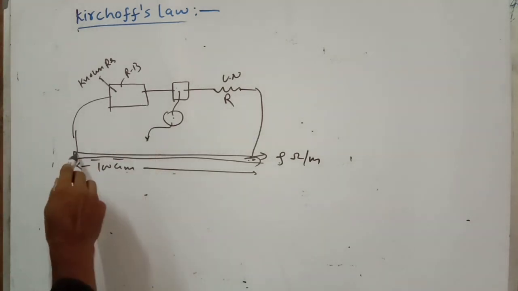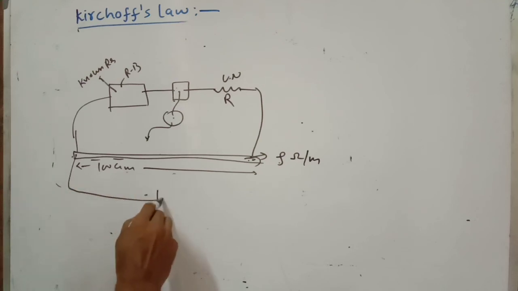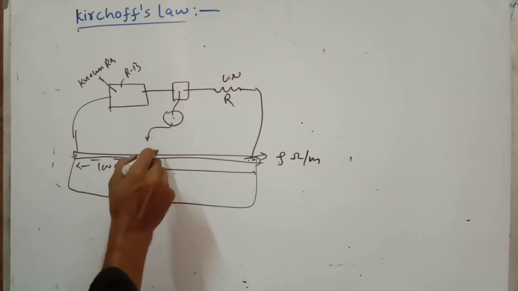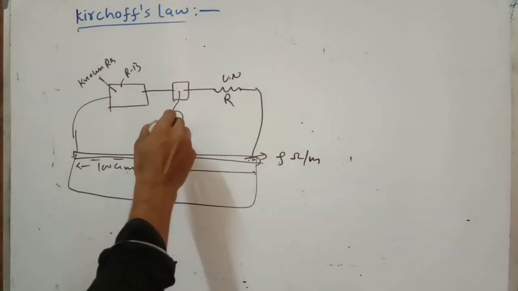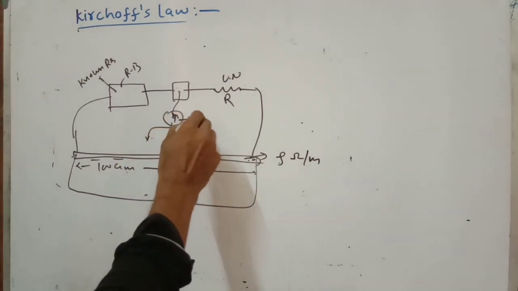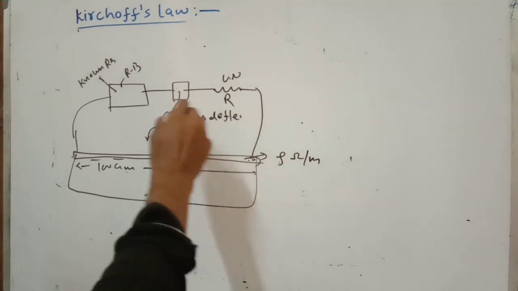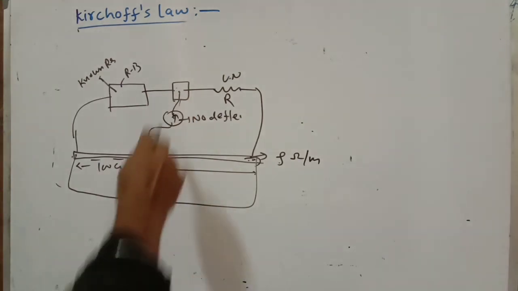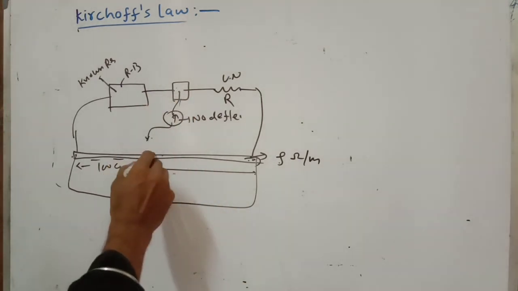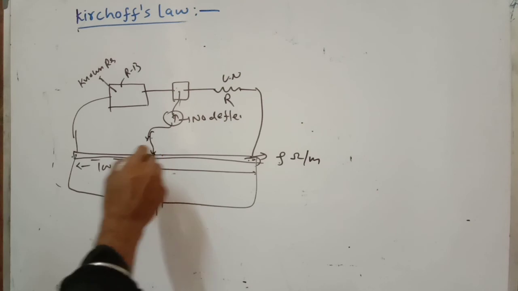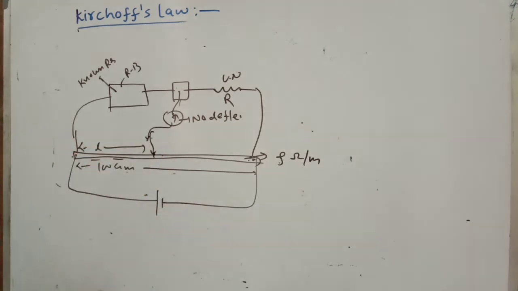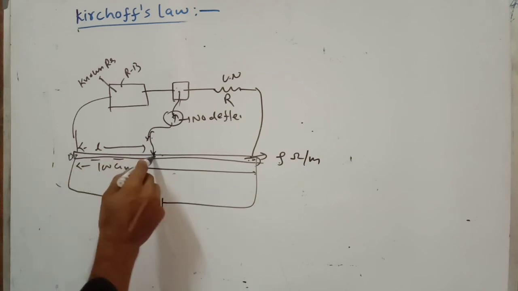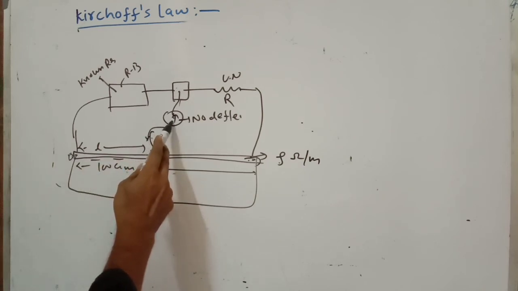And we apply the source of supply. With the help of the jockey we can find the position where the deflection is 0. That means no deflection, no current flows through this bridge. So let me consider at position L from the initial end, where the current deflection is zero.